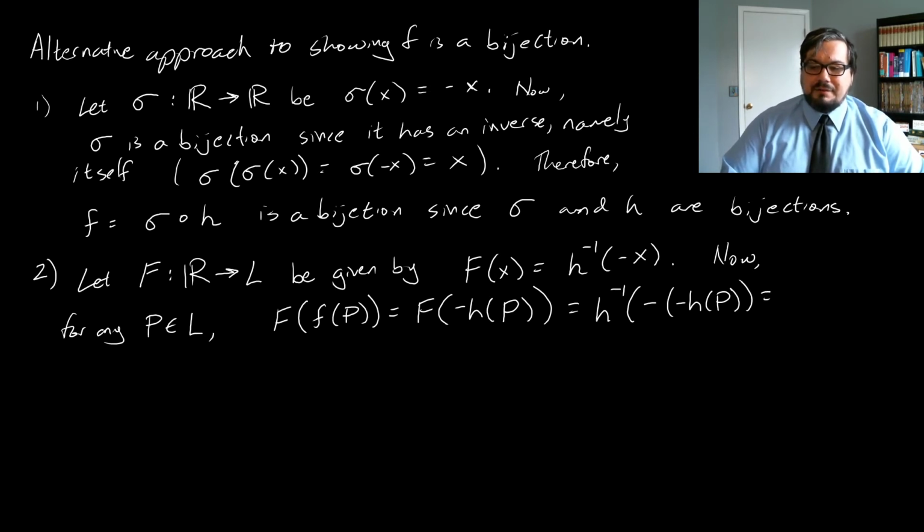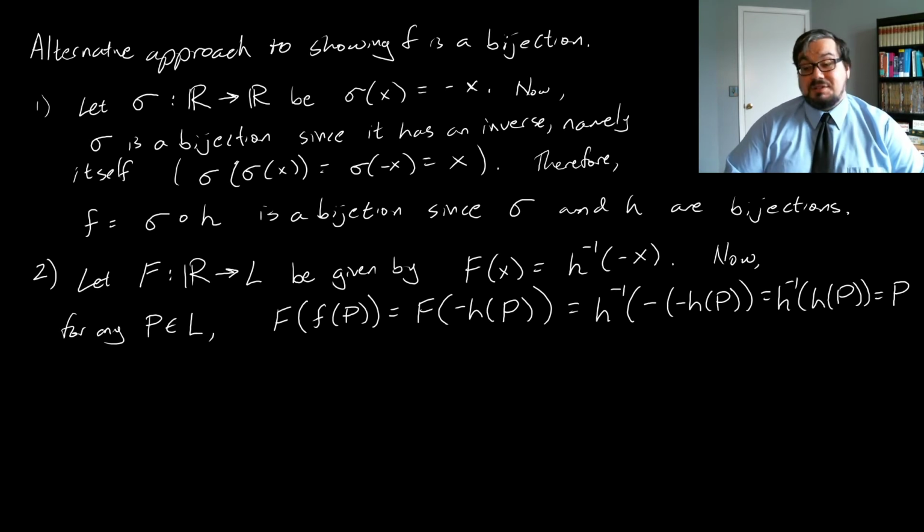But of course those negatives cancel, we just get H inverse of H of P, which is just P, because H inverse is the inverse of H. So that shows that if we compose capital F and little f in one direction and apply to P, we just get P back.